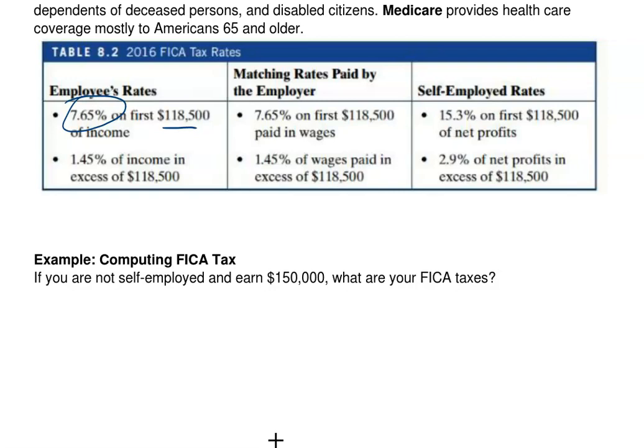And so for people making more than $118,500, they kind of top out at that point. They're not going to get that much return on the money they're putting in, so they don't pay as much after that amount because they're not going to get anything back on it, basically, for their benefits. So that's kind of why the rate drops so much after that dollar amount.